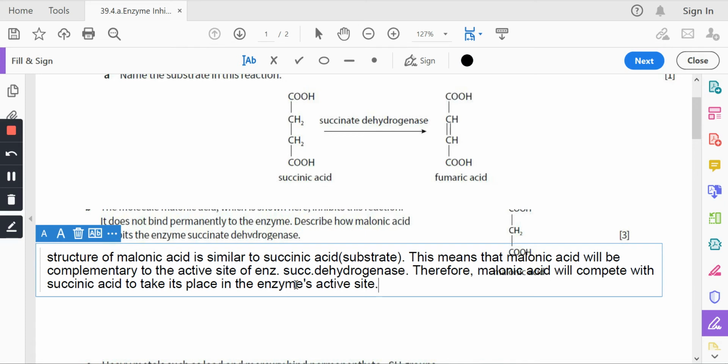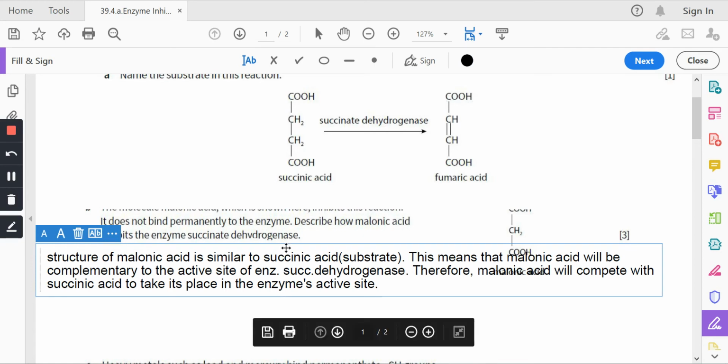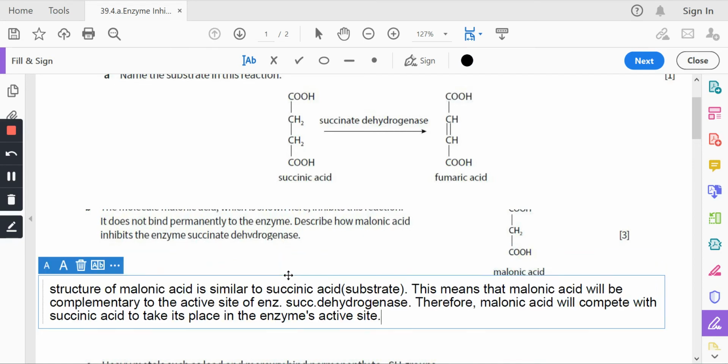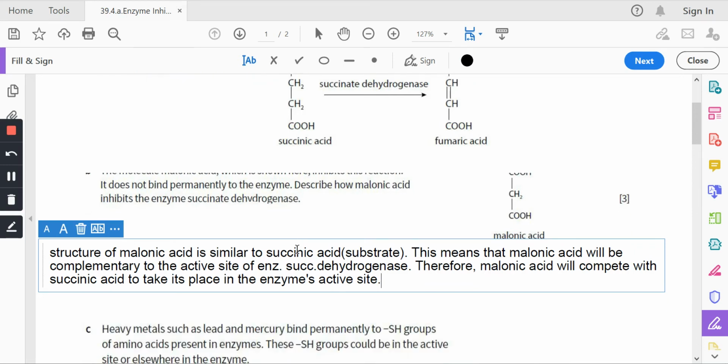So I just basically described competitive inhibition here. So that's how you can answer this question, by stating some important key words over here.